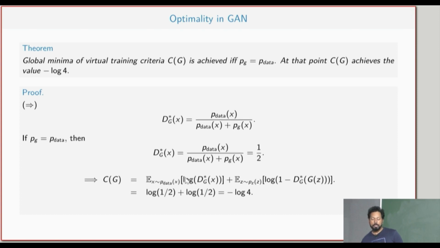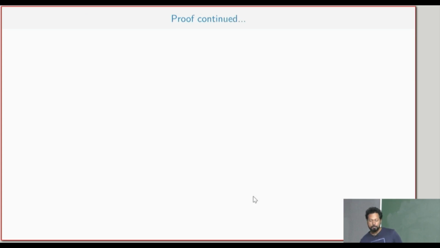CG is expectation of log D star here, and then we have expectation of log D star here. So we have log of half and then log of half here. For both, the best possible D star could be half. So we just put half here as the best possible case, and then this turns out to be minus log 4. So that's the forward case.